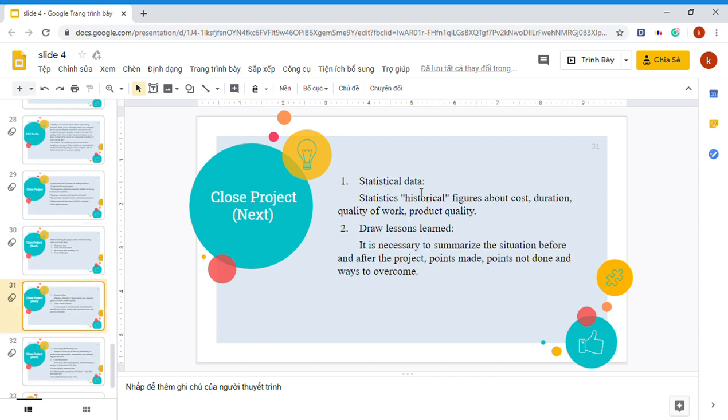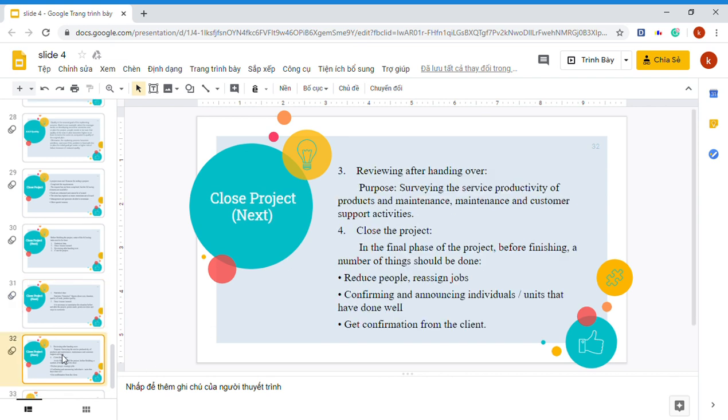One, certificate data: historical data, quality of work products. Two, draw lessons learned: it is necessary to summarize the situation before and after the project, what was done and what was not done, and ways to overcome.